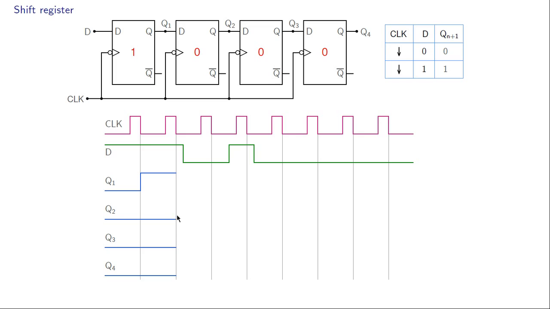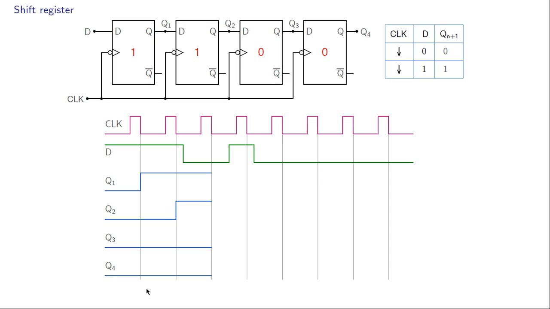We now look at Q1 because that serves as the D input for the flip-flop here, and Q1 is 1 just before the active edge, and therefore this Q2 is going to change to 1, and then of course it's not going to change until the next active edge. What about Q3? For Q3, Q2 serves as the D input, which was 0 just before the active edge, so therefore Q3 will stay equal to 0, and similarly Q4 will stay equal to 0. So now we have 1, 1, 0, 0.